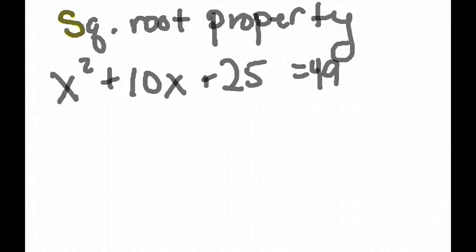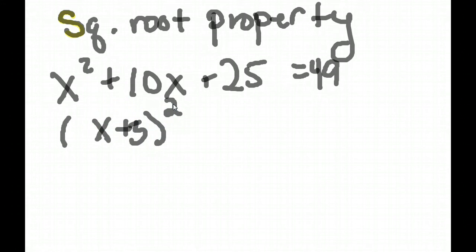So how can we factor x squared plus 10x plus 25? What do we know that ends up being? x plus 5 and x plus 2 or something like that. Or x plus 5, right, so we have x plus 5, x plus 5. So we can write that as open parentheses x plus 5 close squared.